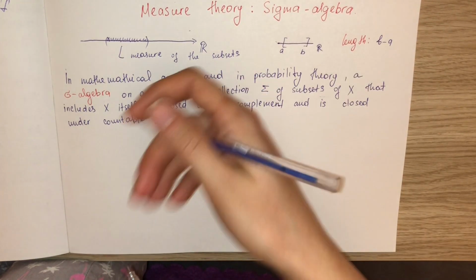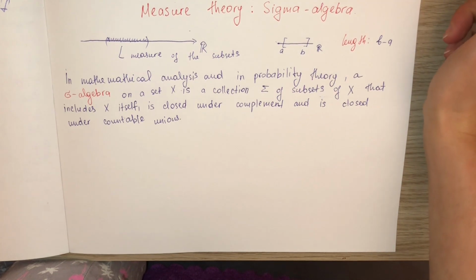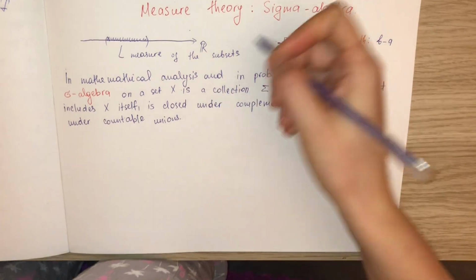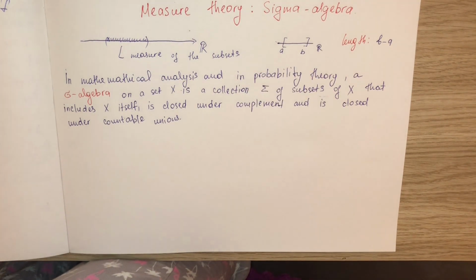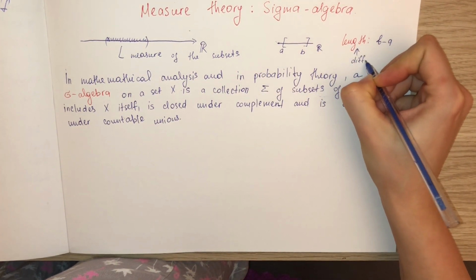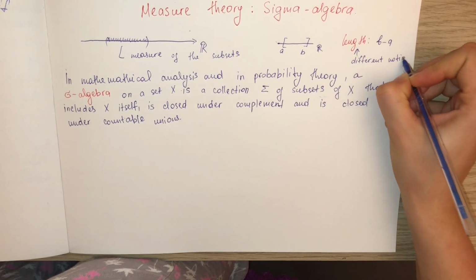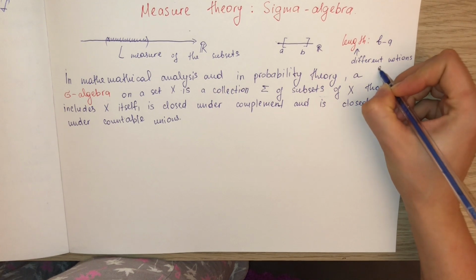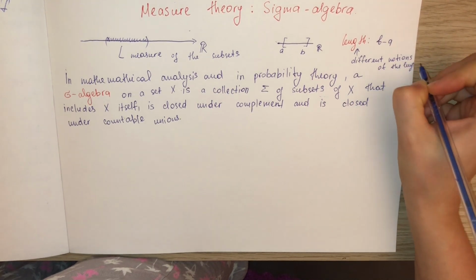So we want to generalize the measure, the natural length. Depending on the problem, we may want to choose different lengths or different definitions of the length. So here, different notions of the lengths.